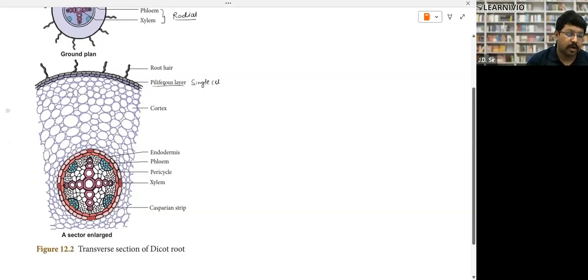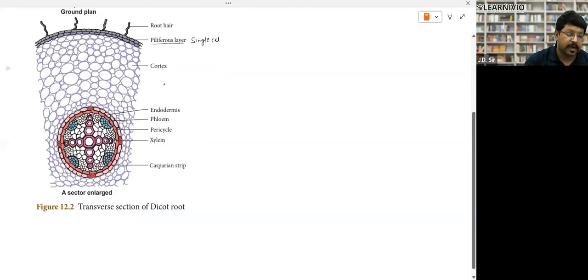After the cortex there is the endodermis, and inside the endodermis there is the pericycle. Inside the pericycle there are xylem and phloem, found at different radii. Between xylem and phloem there are certain tissues called parenchymatous. Clear? Yes, sir.